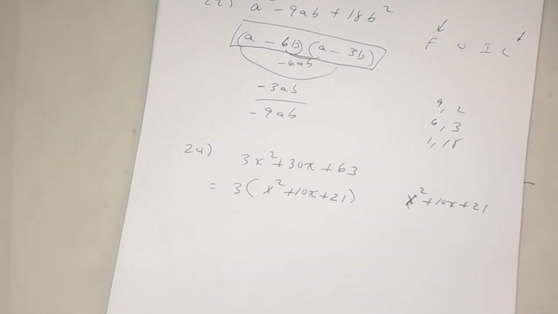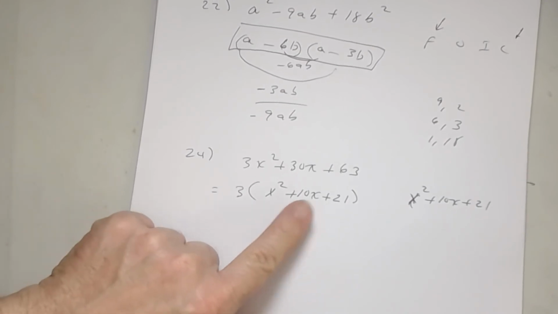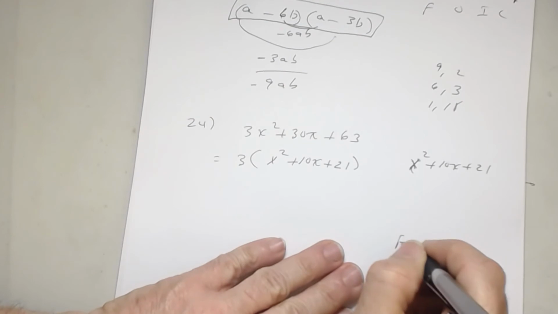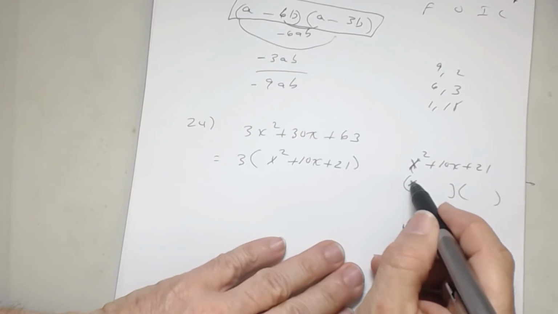All right. So we're going to do FOIL with this trinomial. The first thing you do is factor out the GCF if it's other than 1. It's just 3, so we factored it out. Now go off to the side and see if you can do anything else to this parentheses. Let's do the F. What times what is x squared?